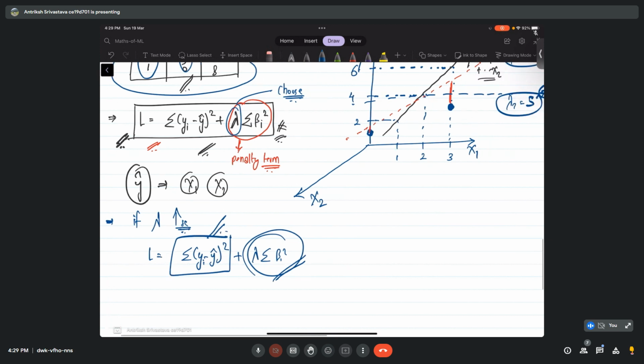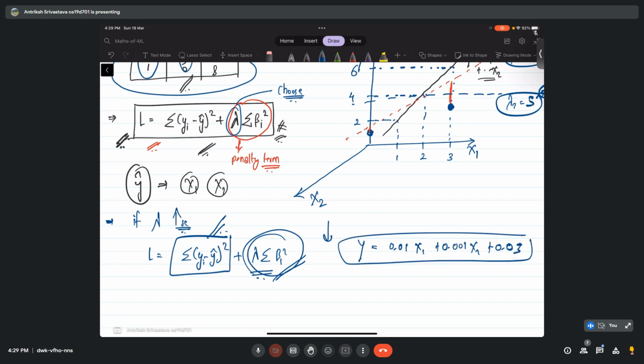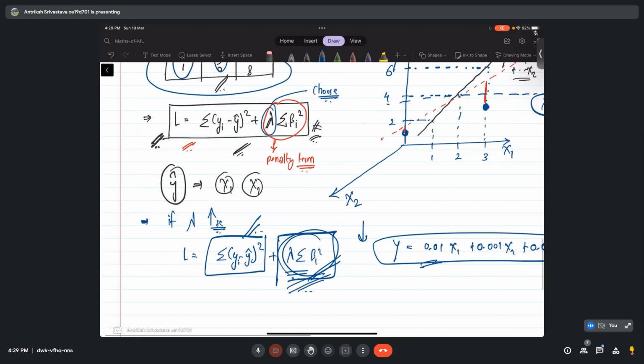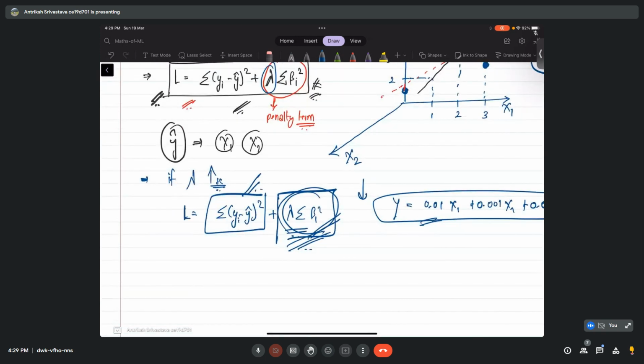So we have to be careful about where we want to keep our lambda, because if your lambda is too high, then more weightage will be given to reducing the coefficients. So basically it can give you y equal to 0.01 x1 plus 0.001 x2 plus 0.03, like that, because in this case this term is very low. So according to this model that we are training, the error will be less in this particular case. So we have to do an iterative process or AIC BIC to get the proper value of lambda.